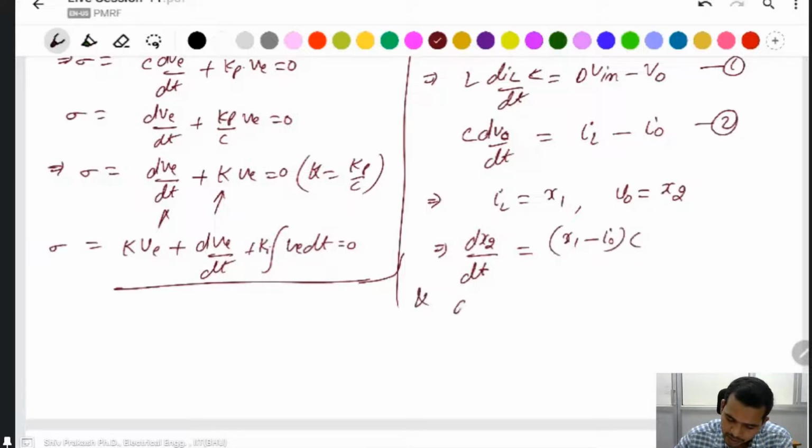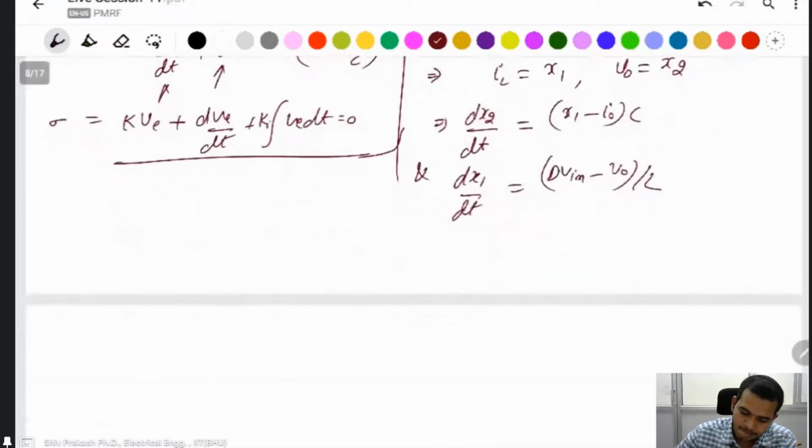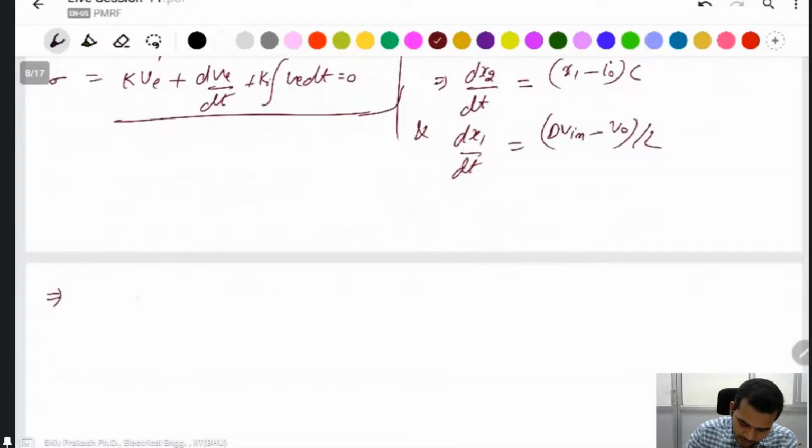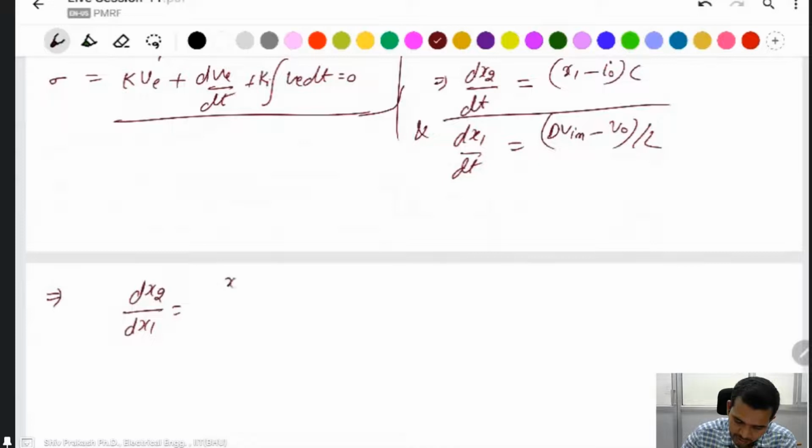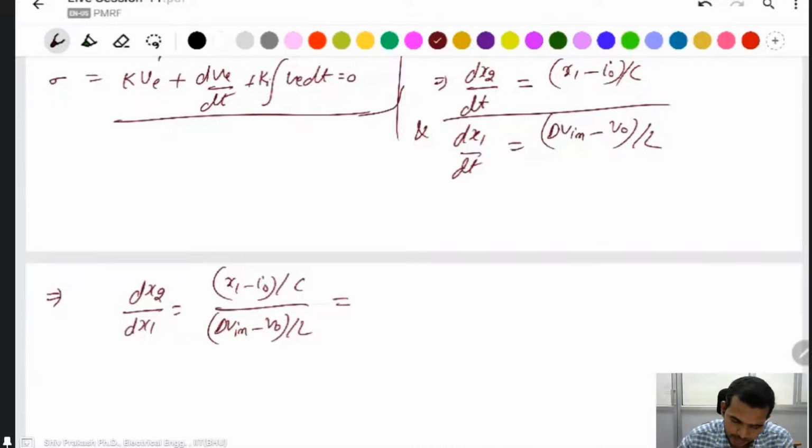Same thing if you apply for dx1 by dt, then you find D Vin minus V0 divided by L, and dx2 divided by dx1 divided by this function, x1 minus I0 by C, L by C, x1 minus I0.